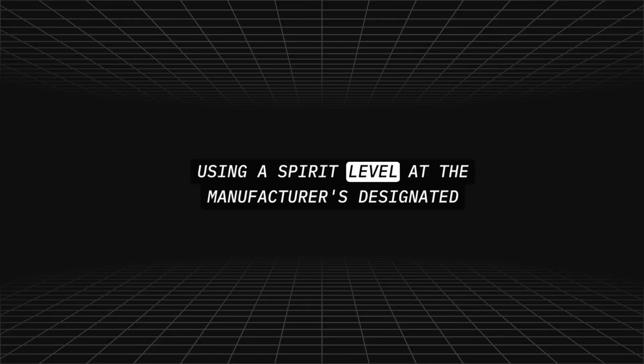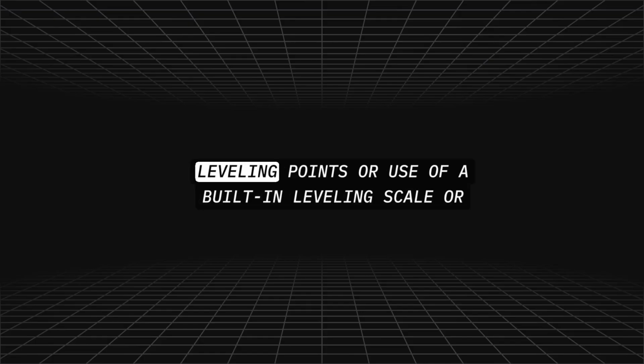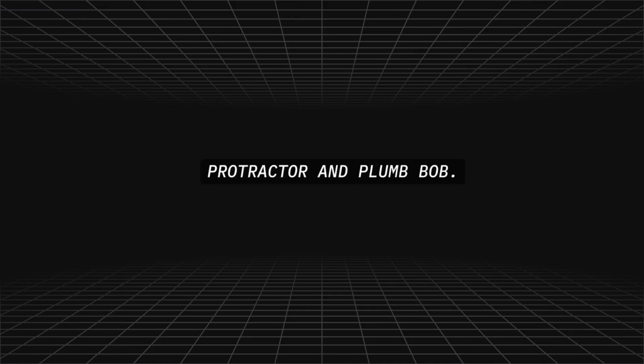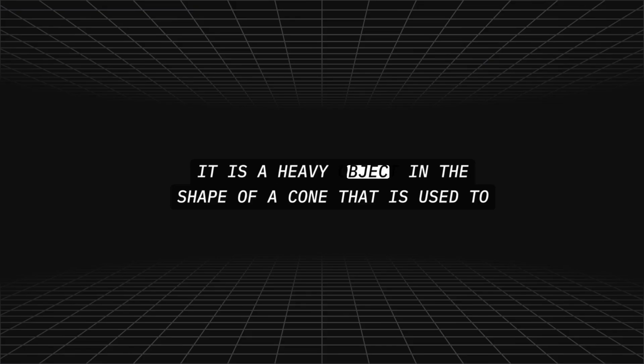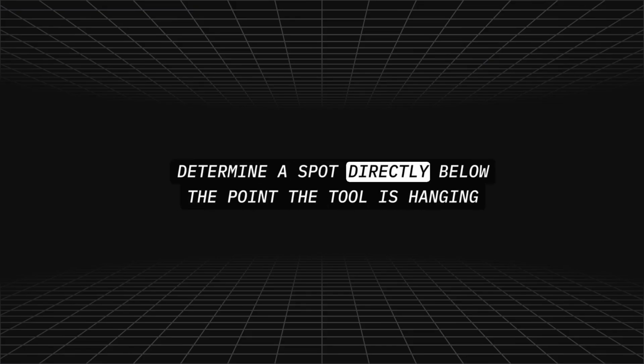Using a spirit level at the manufacturer's designated leveling points, or use of a built-in leveling scale, or protractor and plumb bob. Describe a plumb bob and its use. It is a heavy object in the shape of a cone that is used to determine a spot directly below the point the tool is hanging from.